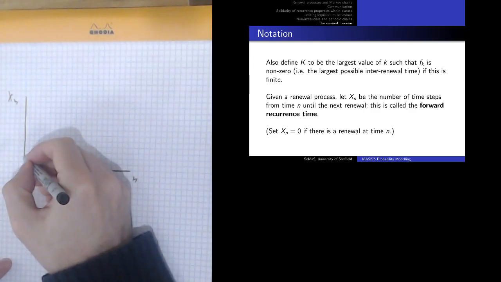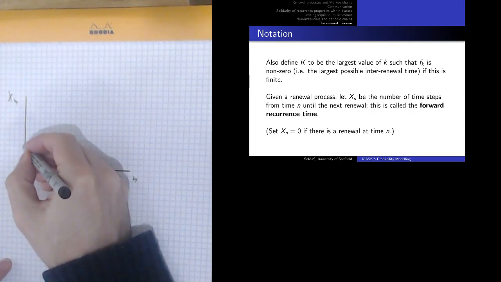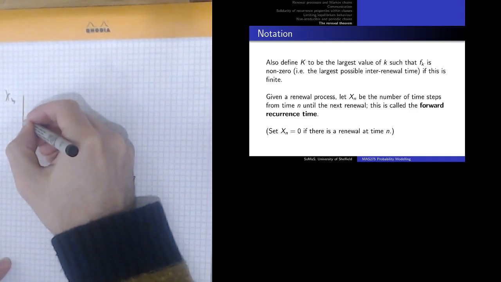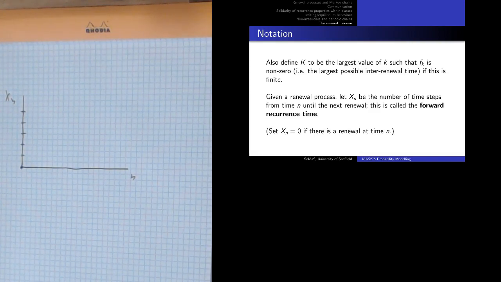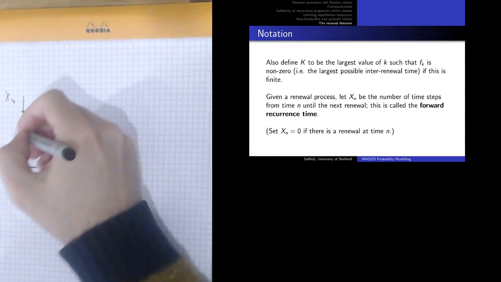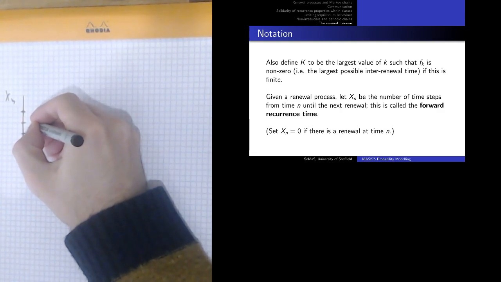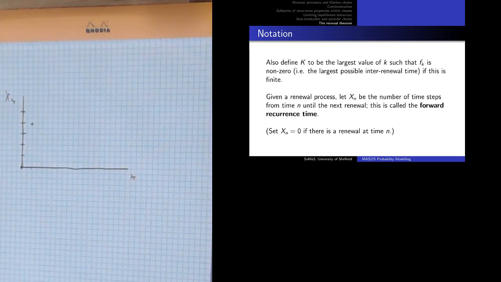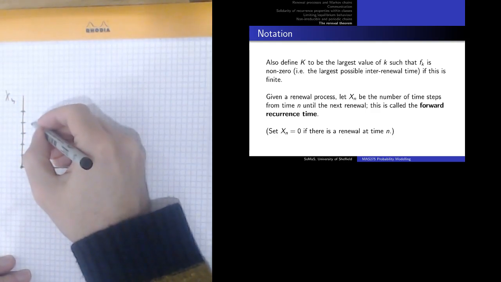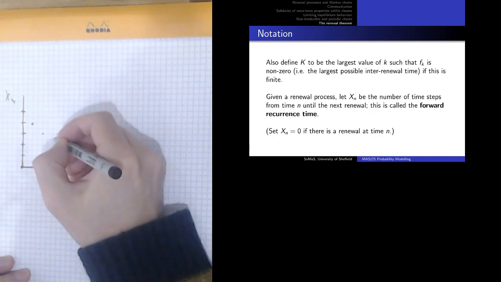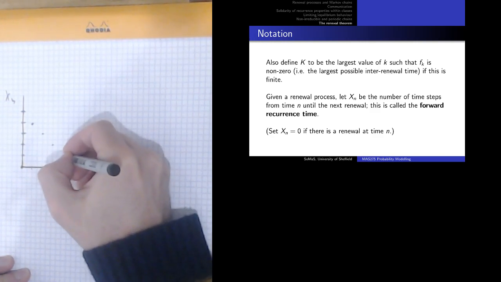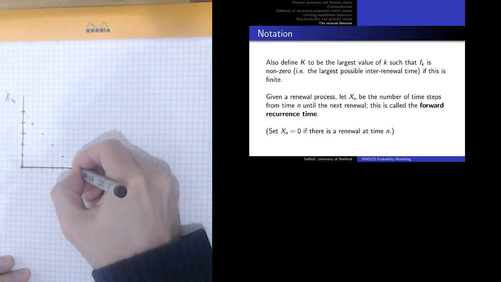So I'll put 1, 2, 3, 4, 5, on our grid like that. So if the first renewal time is 5, then at time 1, I will jump to 4, because after 1 unit of time, I only need to wait 4 more. And then I'm going to just drop by 1 level every step like that.